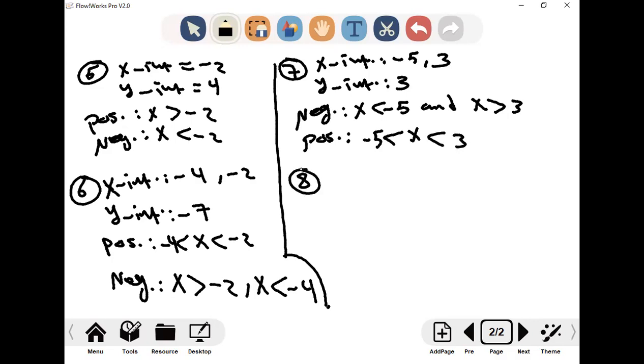Question 8. Intercepts 1 and 3. Y-intercept 3. Positive x between them.